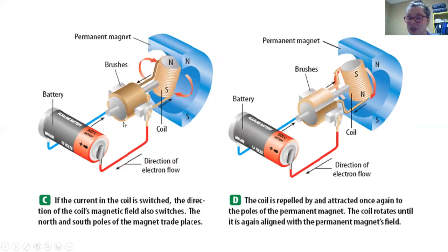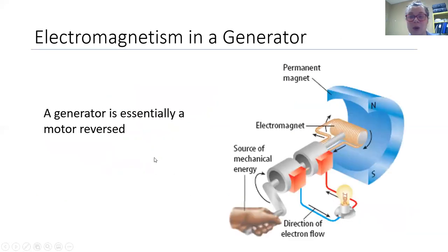All right, and if you flip the current around, you will find the magnetic field will reverse and will actually cause movement to go in the other direction, which is kind of cool.